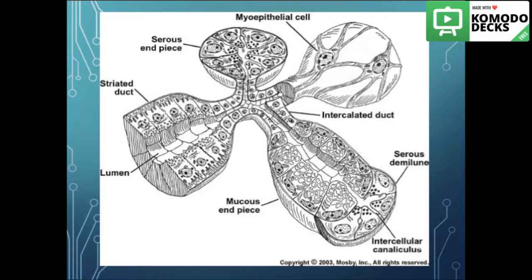You see the myoepithelial cells around the acinus unit, the intercalated duct also, which have smooth surfaces, the striated duct, which have microvilli on the luminal surface, and striations on the basal surface. This is as a summary.